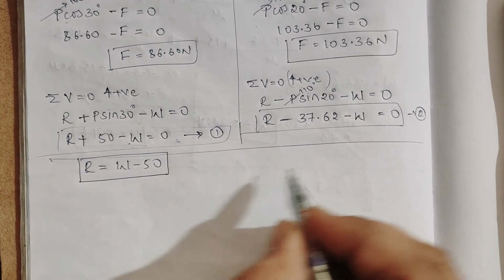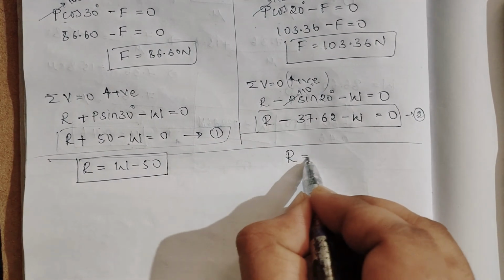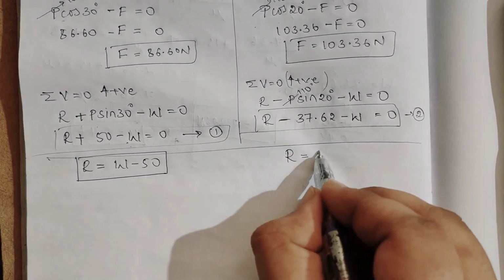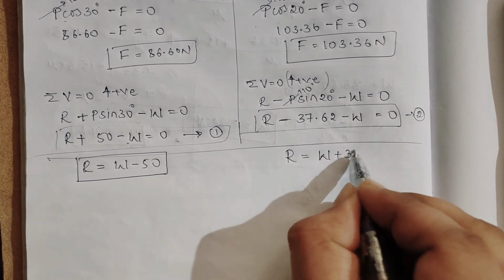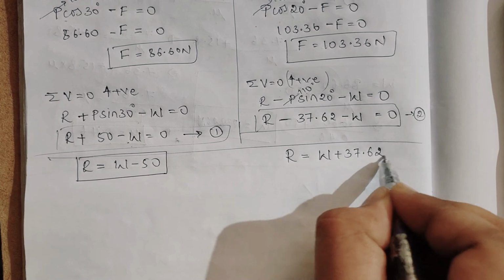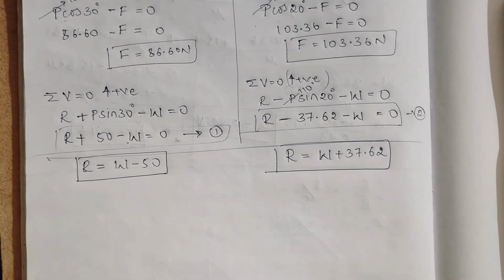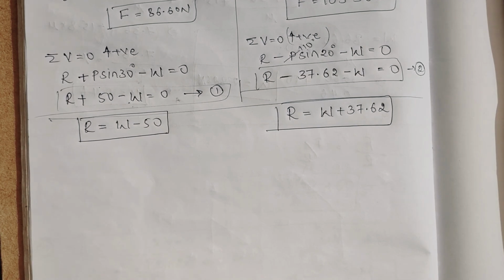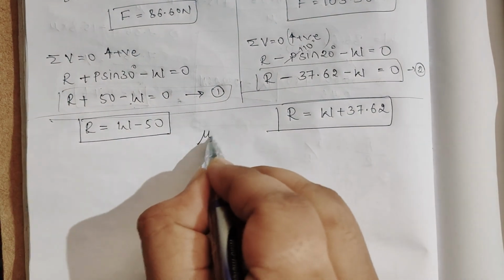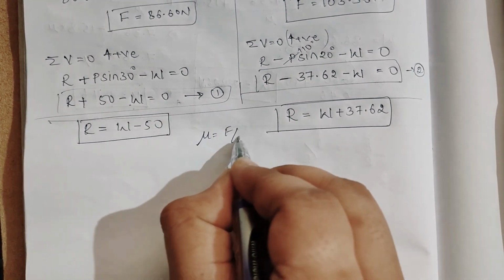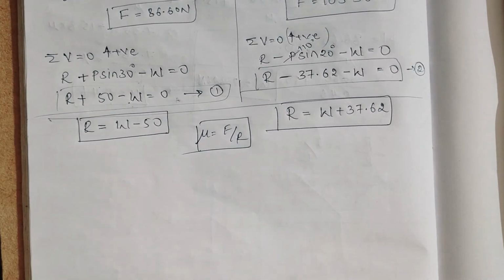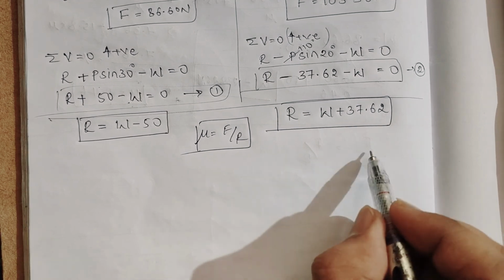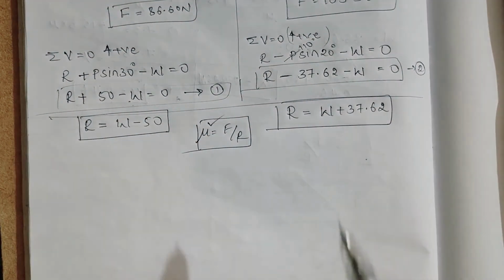Here R is equal to W plus 37.62, correct? So now here the body is same and the horizontal plane is same, and what we need to find is mu, the friction coefficient. So when the body is same and the horizontal plane is same, this mu will be same.